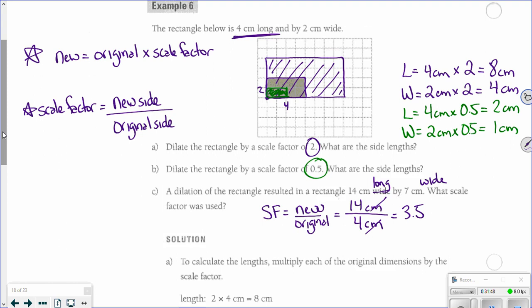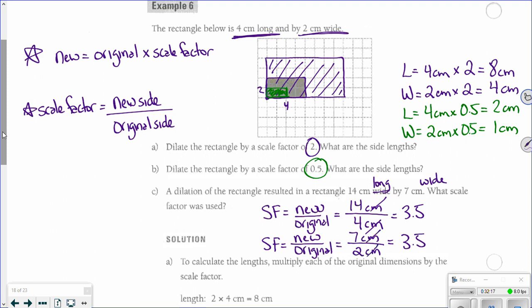I can do the same thing for the width, although I don't actually have to unless it's asking me to check if things are a dilation. My new width divided by my original width: my new is 7 centimeters, my original was 2 centimeters from way up here. 7 divided by 2 is also 3.5 because the centimeters cancel.